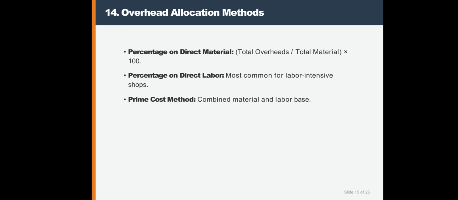It is the ratio of total overheads to the total material into 100. Percentage of direct labor is the most common for labor intensive shops, and the prime cost method is a combined material and labor base.